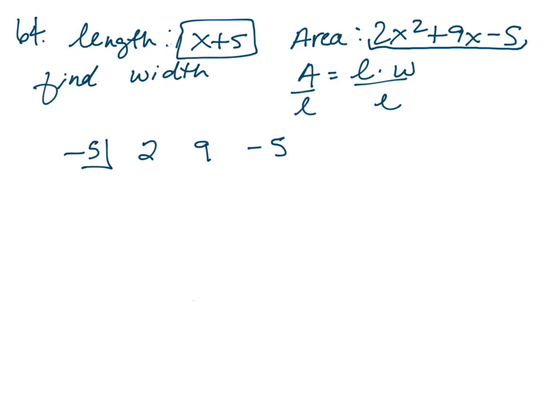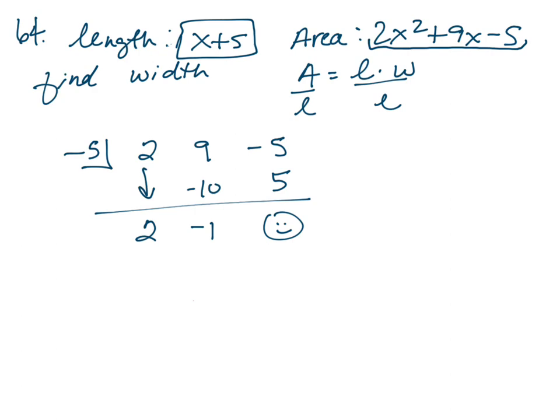Then we're going to drop the 2 straight down. 2 times negative 5. 9 minus 10. Negative 1 times negative 5. Negative 5 plus 5. 0. Okay, this is cool, and this is kind of where we're headed today. The remainder in this problem is 0.